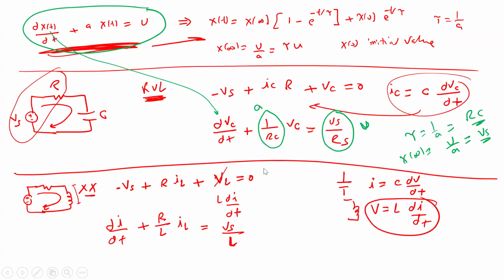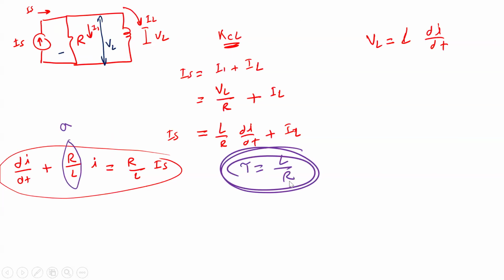Remember, in the case of RC, tau was R times C. I'm repeating the last lecture, exact same thing, but you need to see the difference between RC and RL. In the case of RC, tau was equal to RC, but here tau is L divided by R.